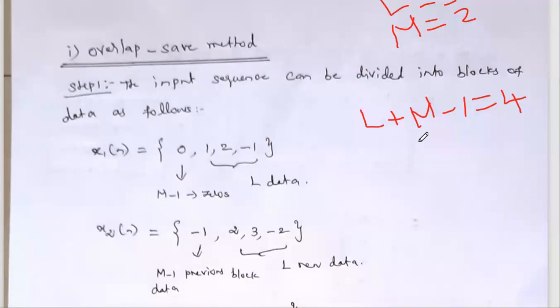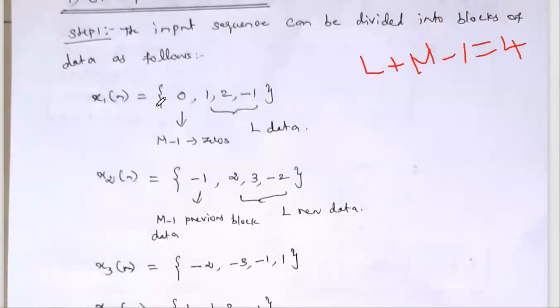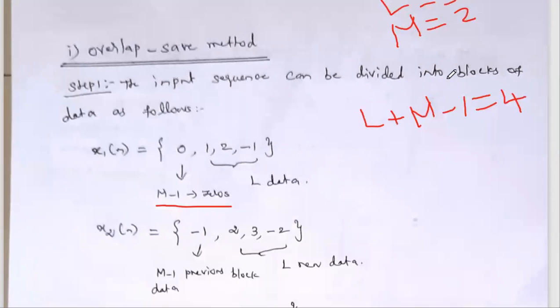Okay, 4 samples. So in order to construct x1, you already know the procedure in the overlap save method. In construction of x1, the first m minus 1 data is compulsorily 0. Here m is 2, so m minus 1 is 1. So you just write one 0, followed by L new data from our x of n sequence.